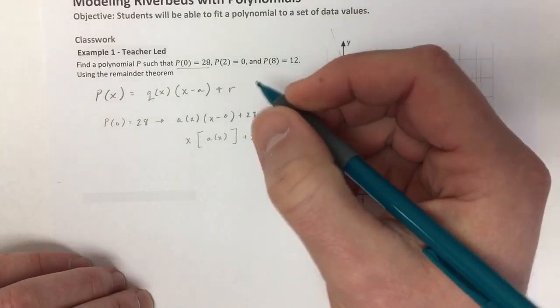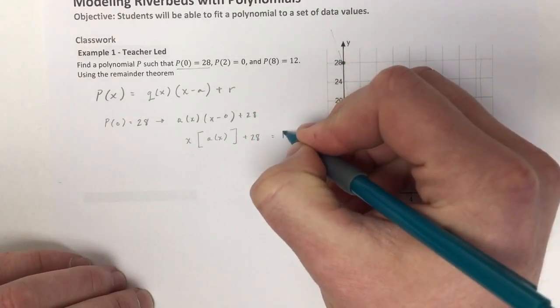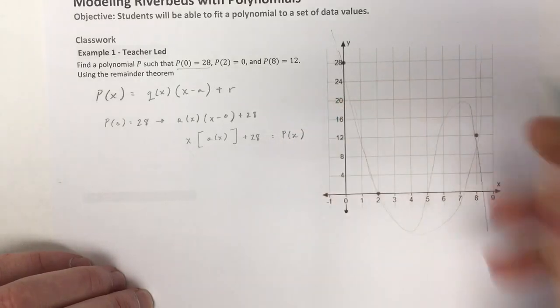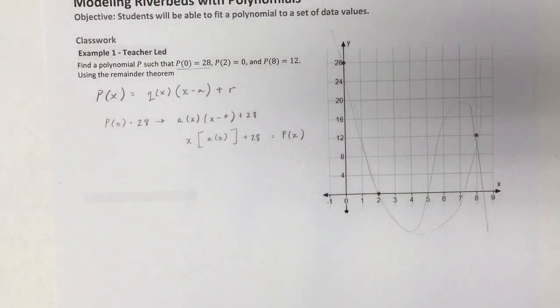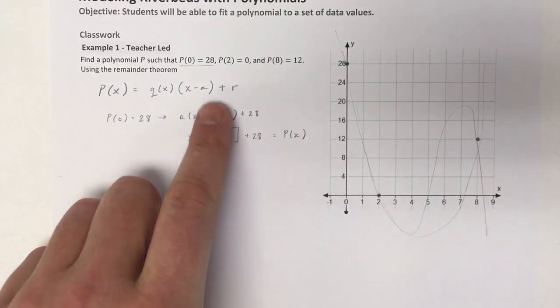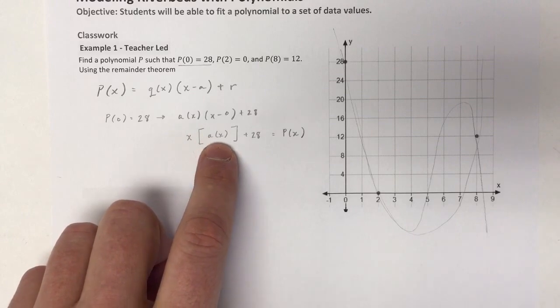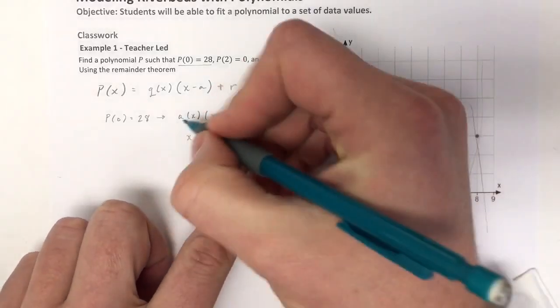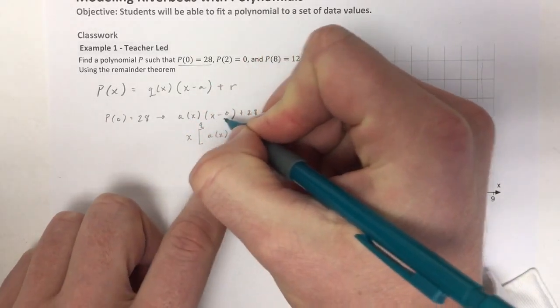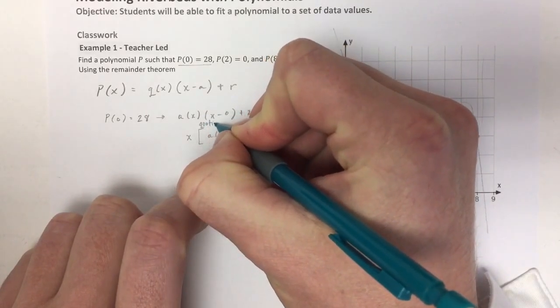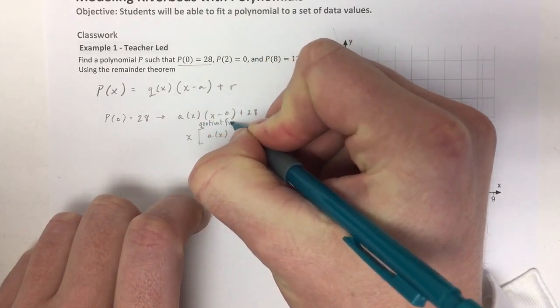And this is the way that I can actually represent my equation. Okay, so when I divided by just x, I got this quotient function plus 28. So you've got to remember that this is not a times x, this is your quotient function.